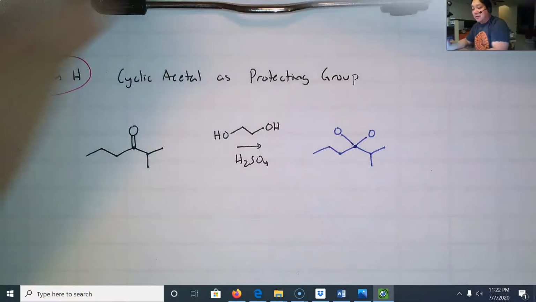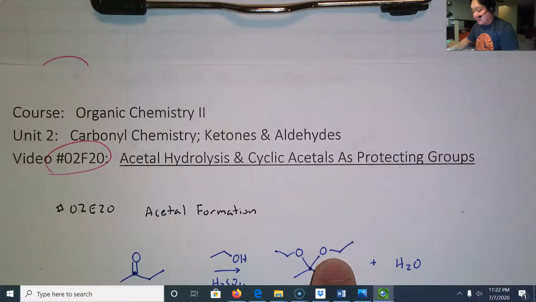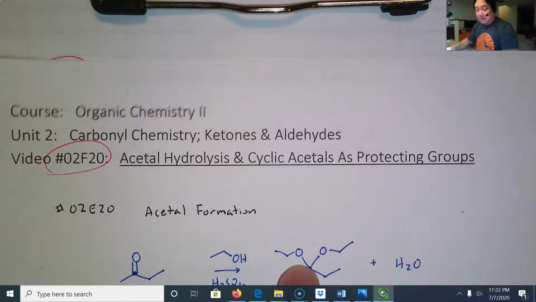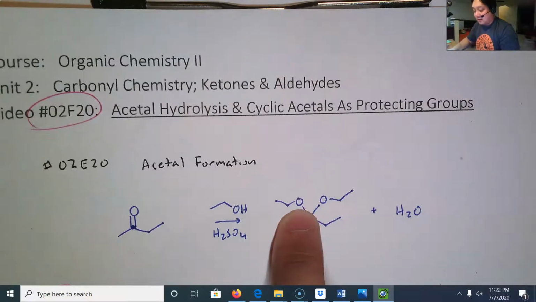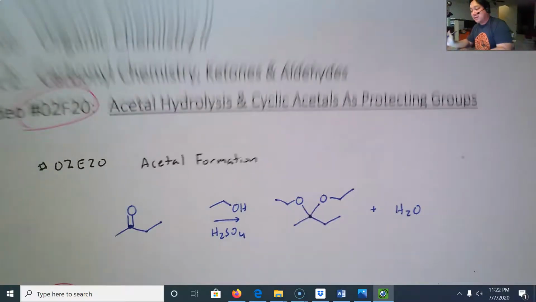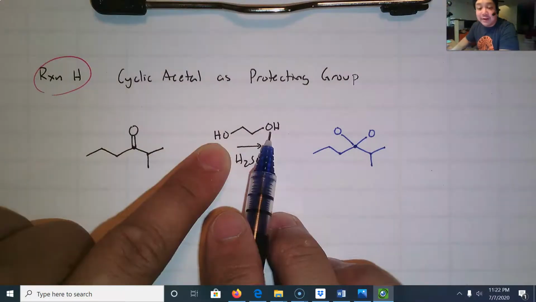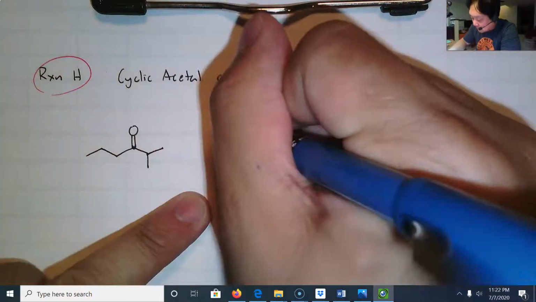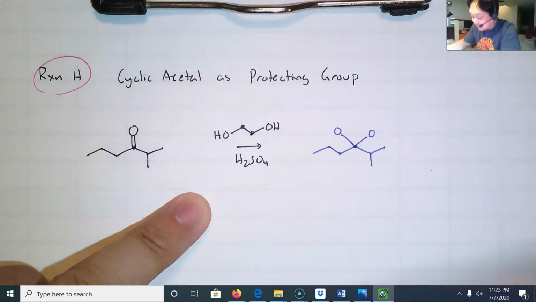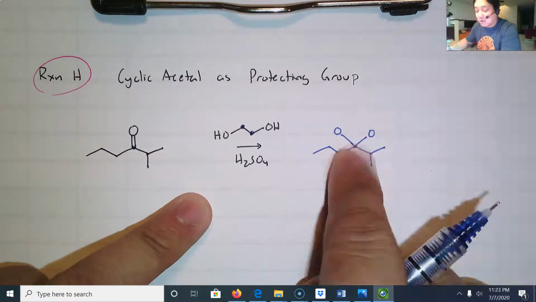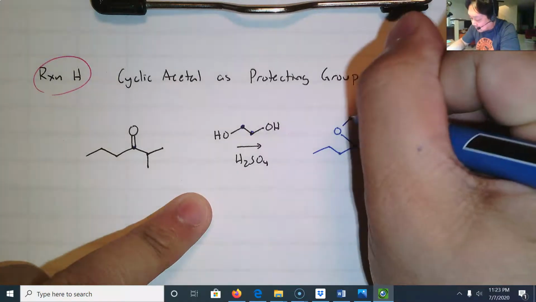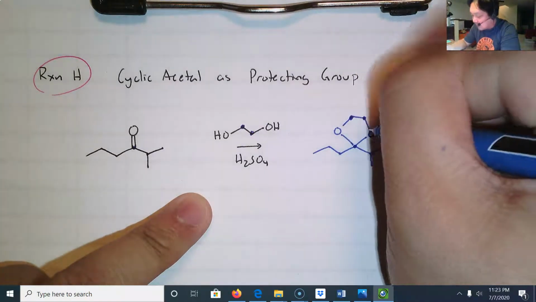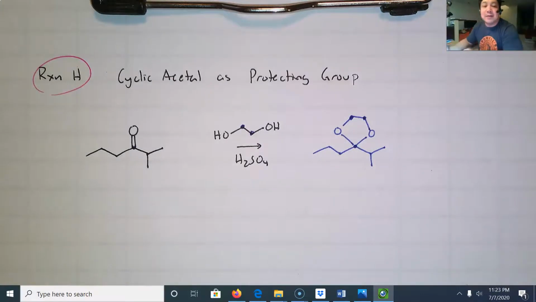So normally you would start drawing bonds away from each other, away from the 2 oxygens. But my 2 oxygens are already linked by 2 carbons, this carbon and this carbon. That is a cyclic acetal.